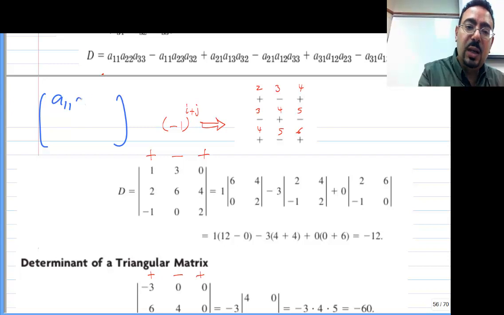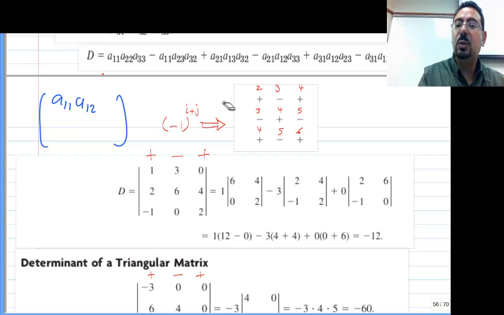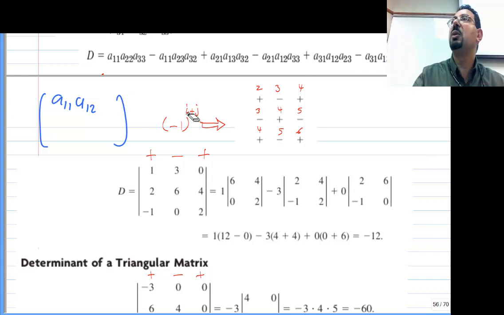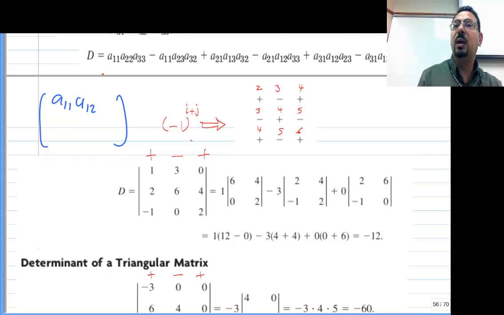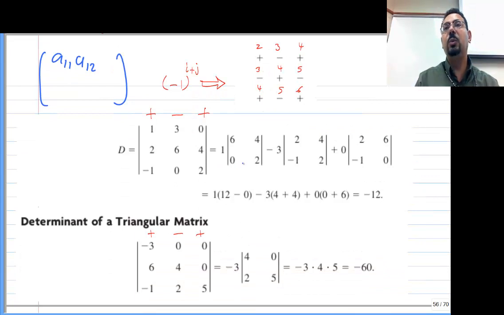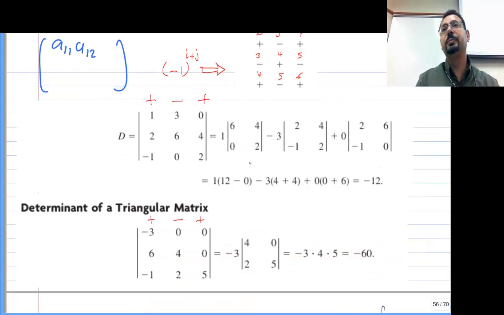And for this guy, A12, I is 1, J is 2, you get 3, minus 1 to the power 3, minus 1 times minus 1 times minus 1, you get minus 1. Why is this useful? Because if you are doing it 4 by 4 or 5 by 5, then of course you will write a computer program to do this, but the point is the rule: the sign will be determined by your I and J.